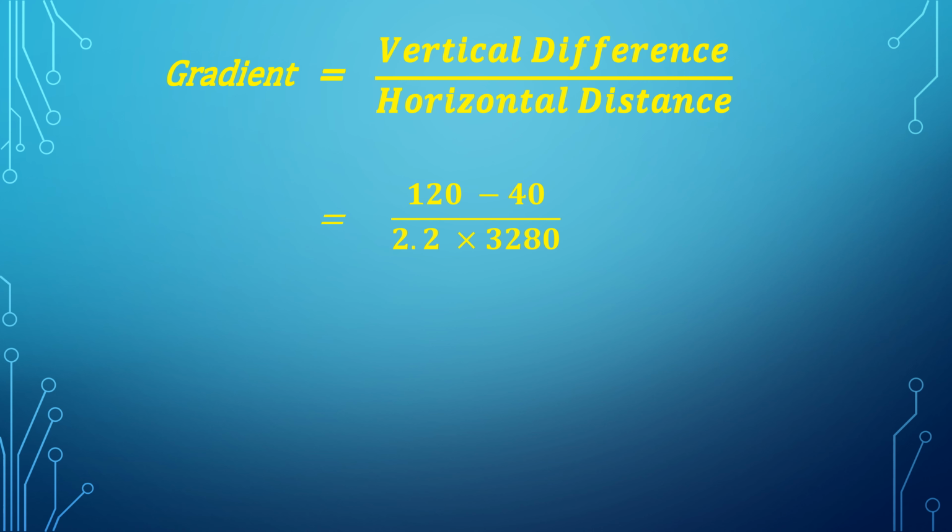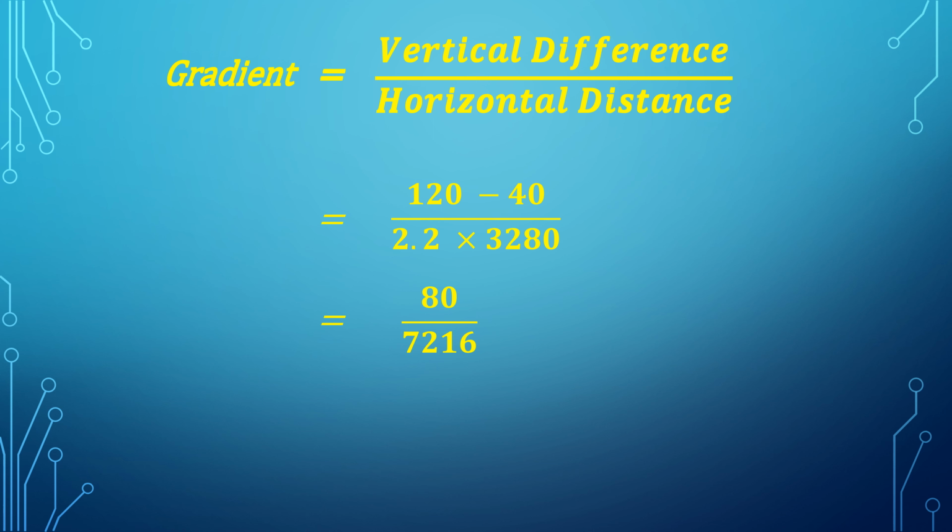Therefore, we have to convert our 2.2 kilometers that we obtained through measuring the horizontal distance by 3,280 feet, because we have to convert it to feet as well. In doing so, our vertical difference is equal to 80 all over 7,216.